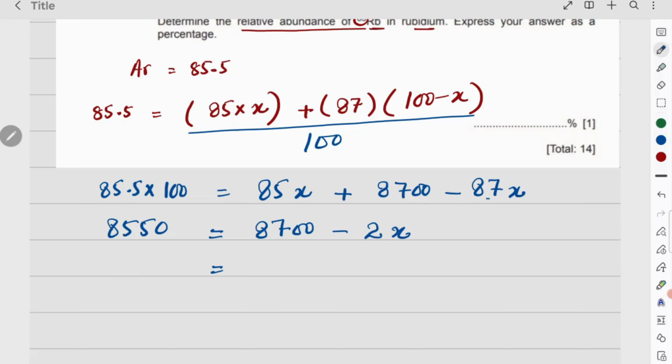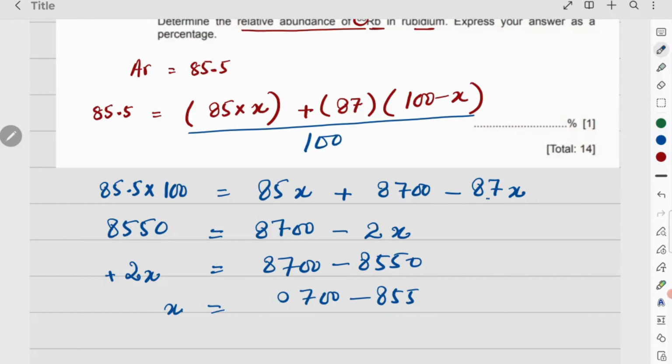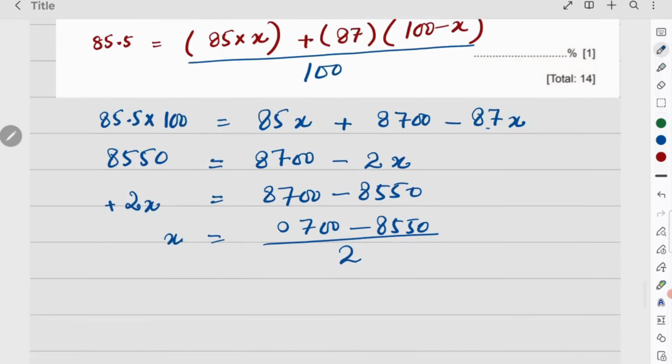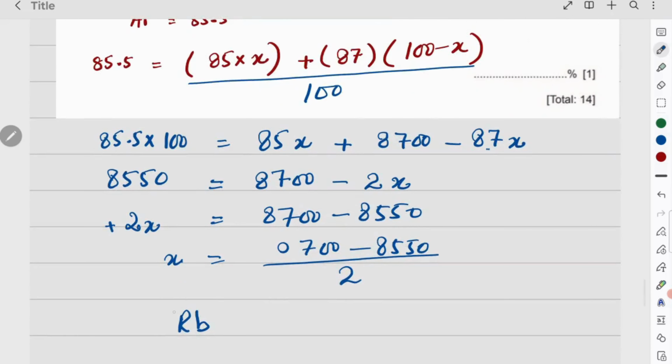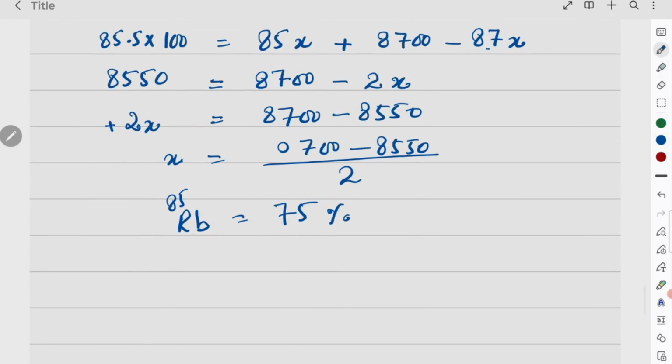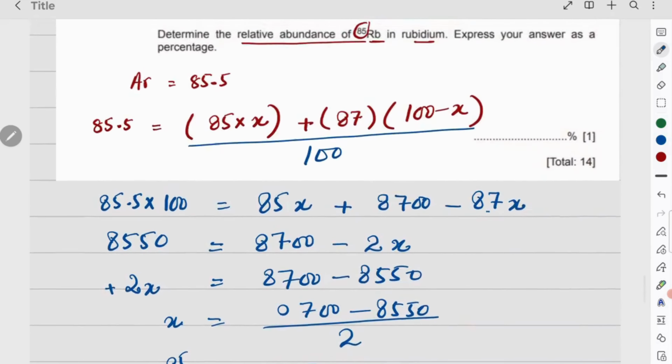Bring this 2x here, and from 8700 subtract 8550. x is equal to 8700 minus 8550 divided by 2. Then the answer for rubidium 85 is 75%. It means if we subtract 75%, rubidium 87 will have 25% relative abundance.